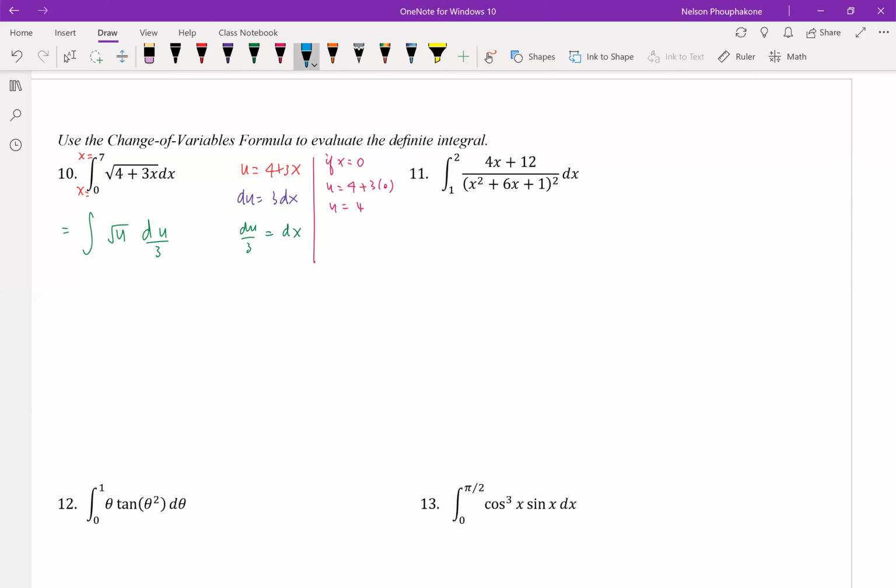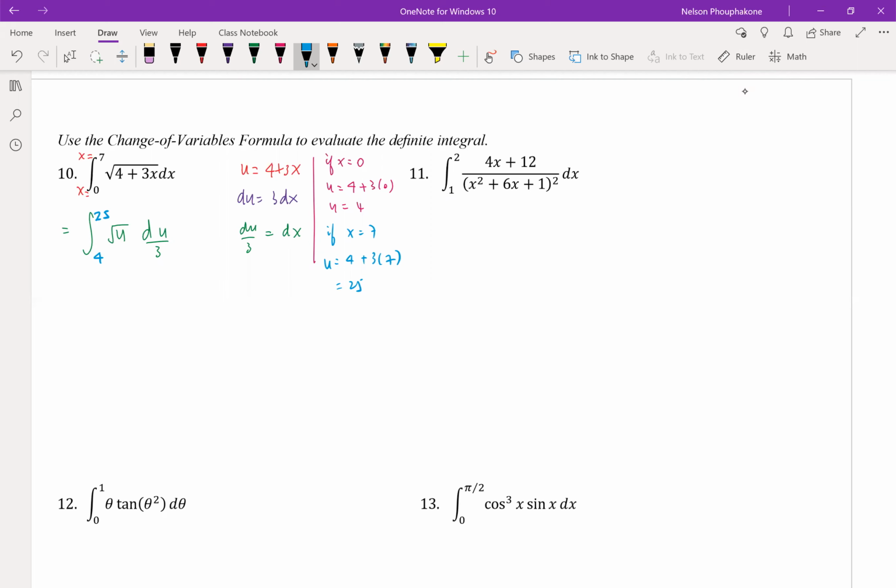If x is equal to 7, then u is 4 plus 3 times 7, so it will be 4 plus 21, which is 25. So when x equal to 0, u is equal to 4, and when x equal to 7, u equal to 25.